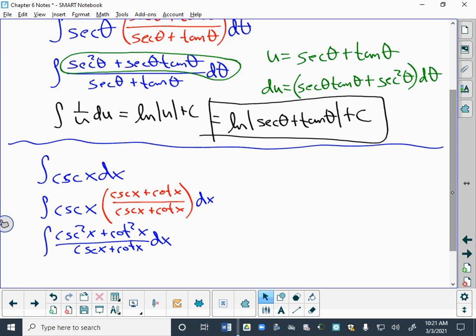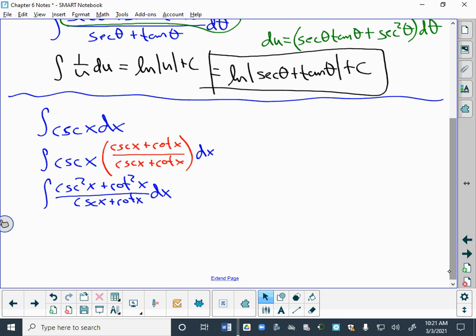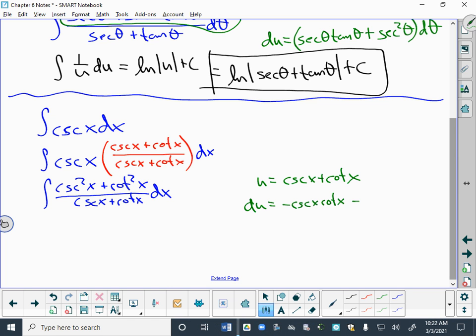And following the pattern from before and recognizing what's going on here, I'm going to say u is cosecant x plus cotangent x, which makes du negative cosecant x cotangent x minus cosecant squared x dx.